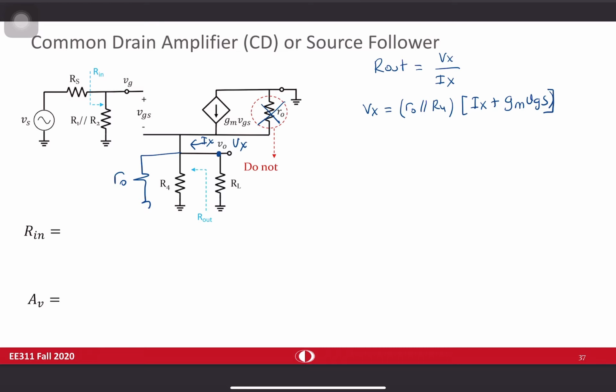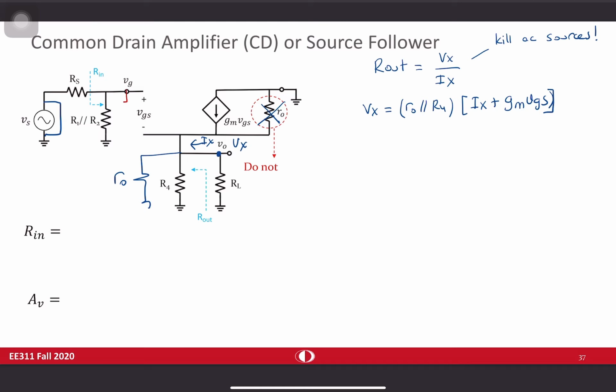And VGS, and when you are doing this thing, please do not forget that. Kill AC sources, which means that this Vs is shorted. If Vs is shorted, there is nothing to create a current in here, and therefore gate voltage is 0.